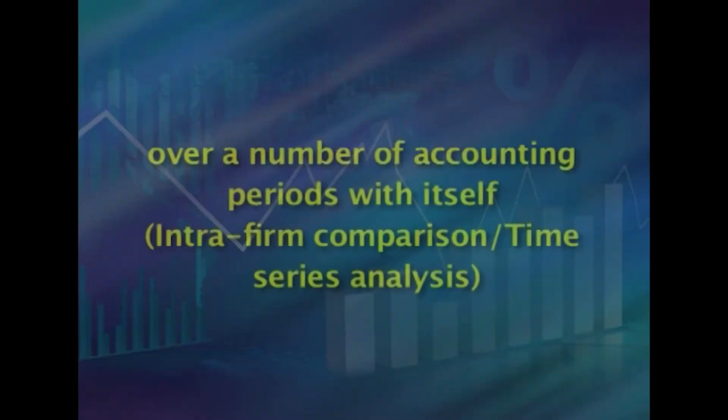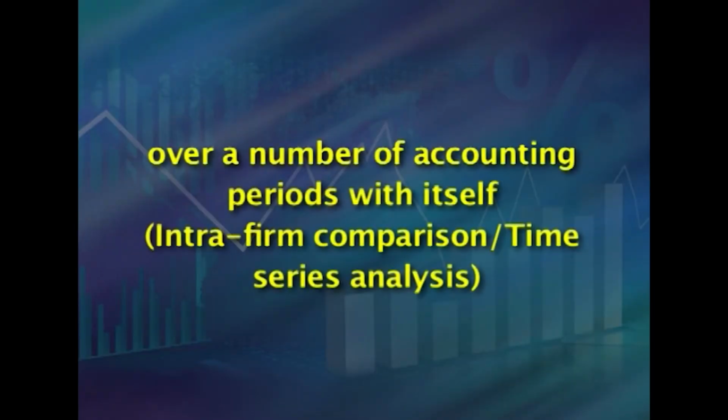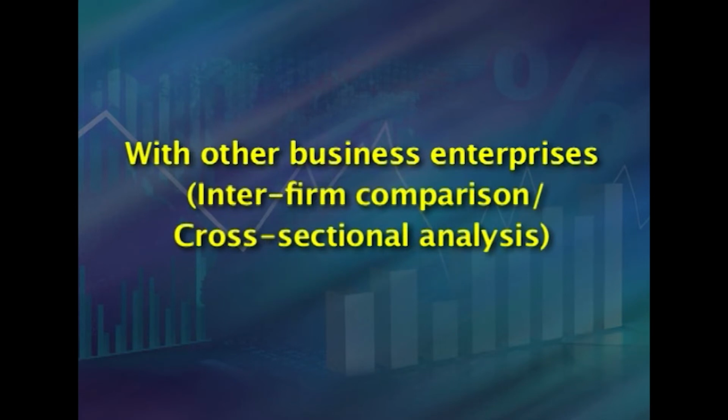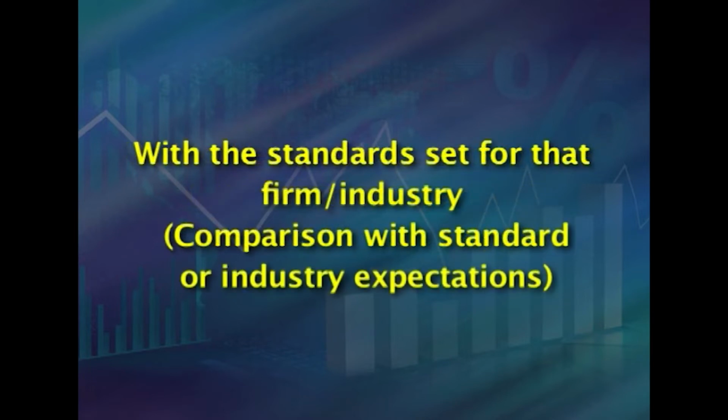For this purpose, the profitability, liquidity, and solvency of a business may be compared over a number of accounting periods with itself, that is, intra-firm comparison or time series analysis, or with other business enterprises, that is, inter-firm comparison or cross-sectional analysis, or with the standards set for that firm or industry, that is, comparison with standard or industry expectations.